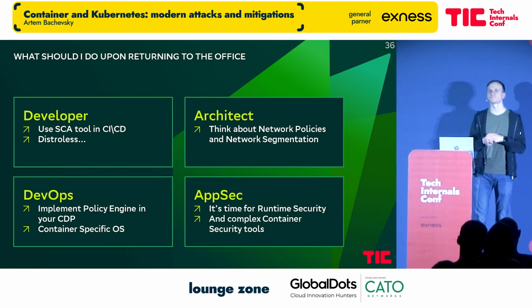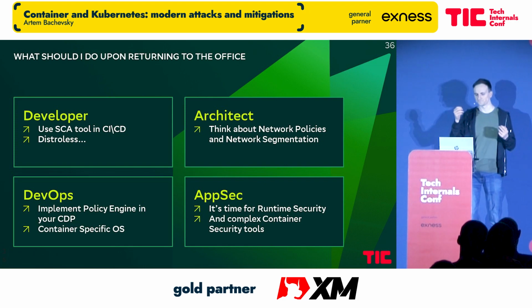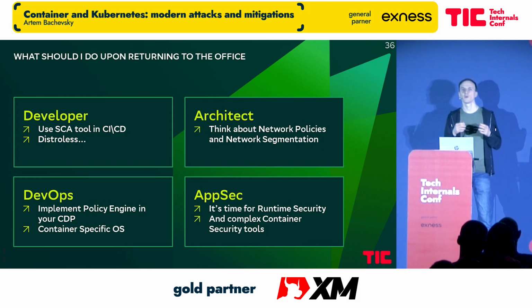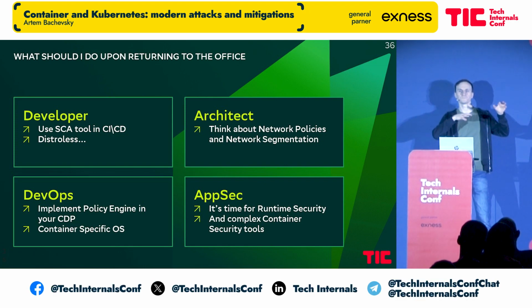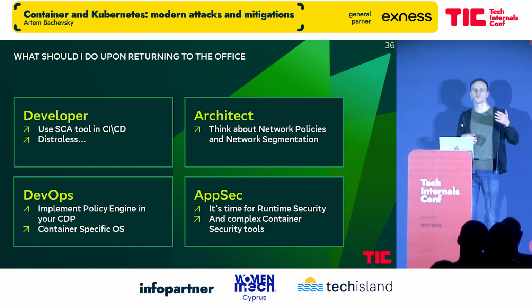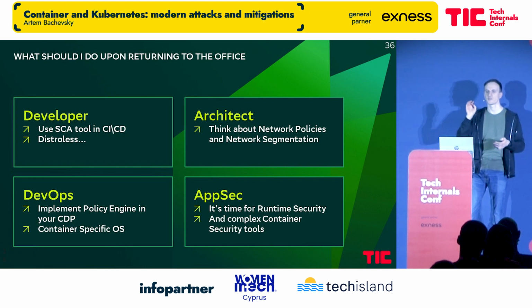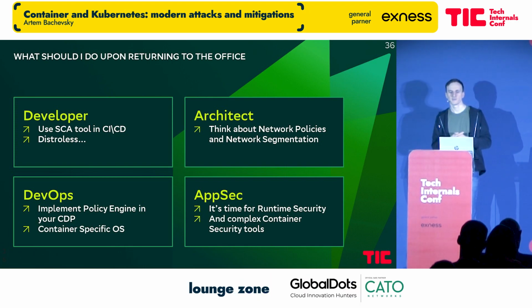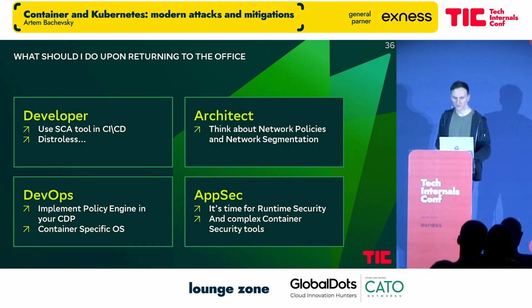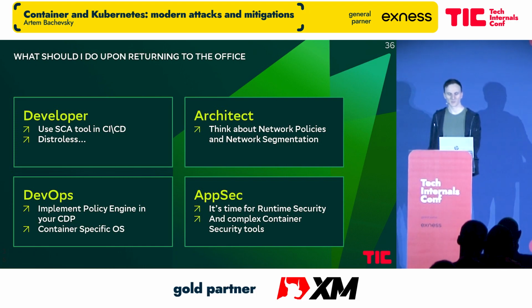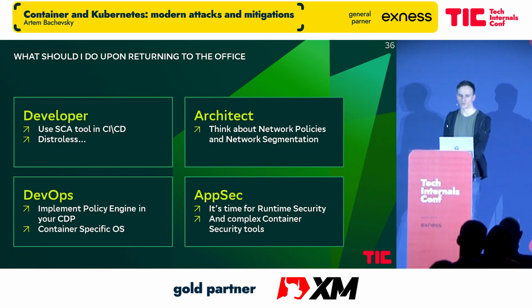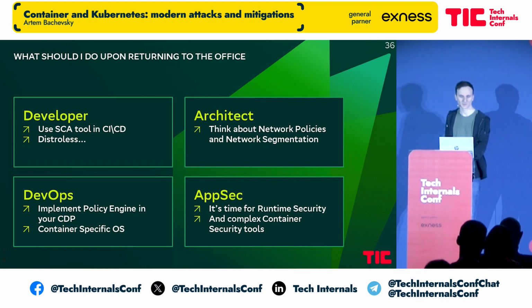Some tools allow generating network policies based on the behavior of your containers, and you just need to review this draft and then apply it. Network segmentation will also be needed. You could do it with some cloud services or firewalls if you're using a private cloud, for example.